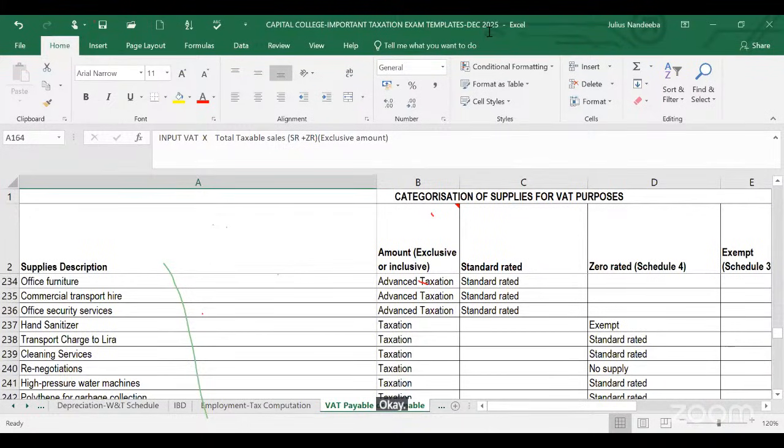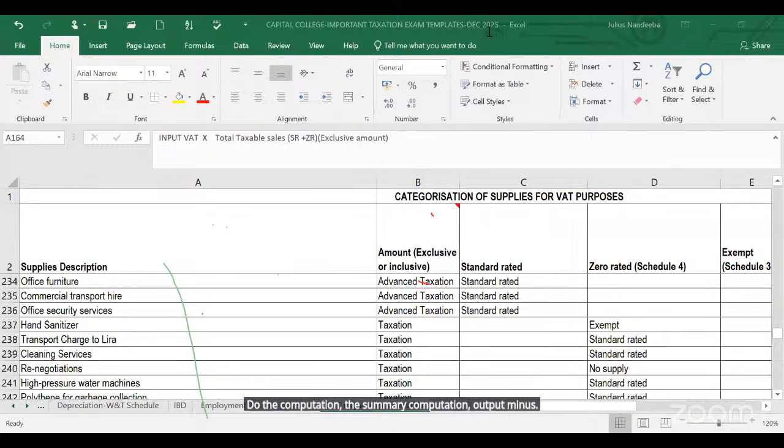Any questions here? The magic in VAT, I told you there are only three steps. Do the computation, the summary computation, output minus input, get your VAT payable or claimable.